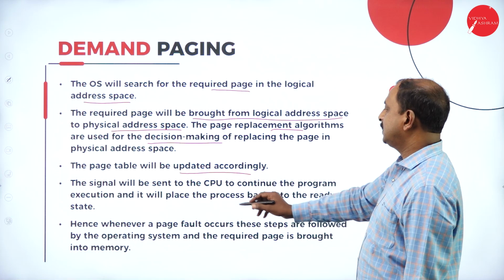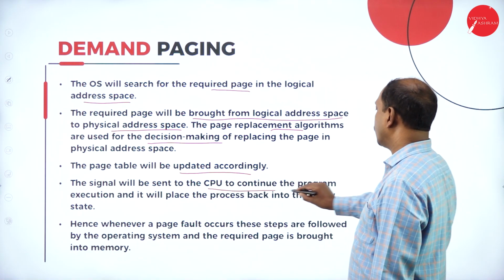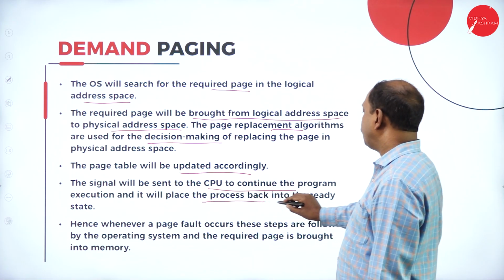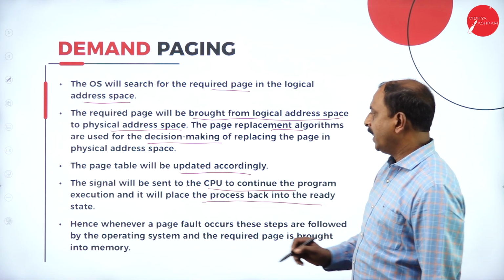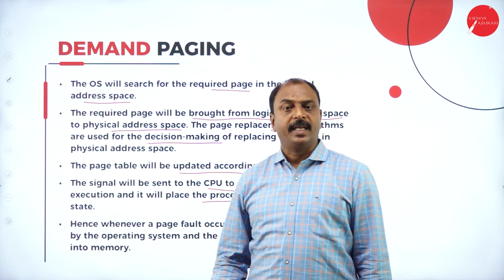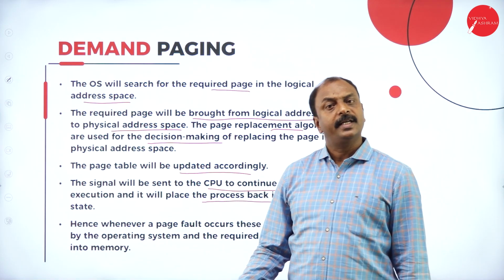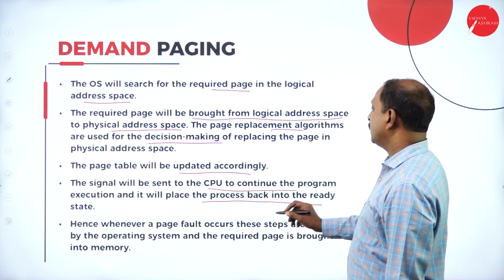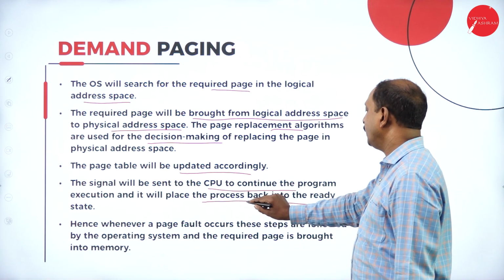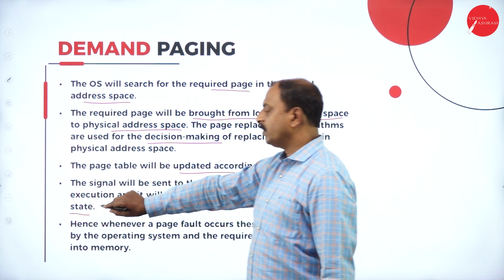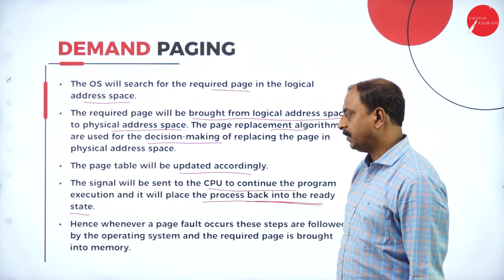The signal will be sent to the CPU to continue the program execution, and it will place the process back into the ready state. We know that every process has different states, like new, ready, running, and so on. Similarly, once everything is ready, the process goes back into the ready state so that it can be executed by the CPU.